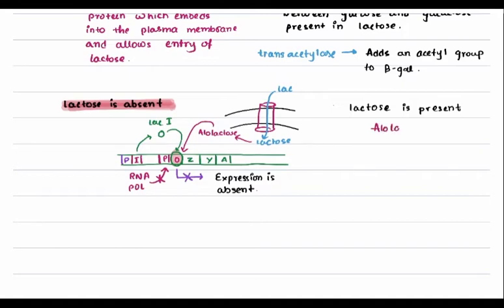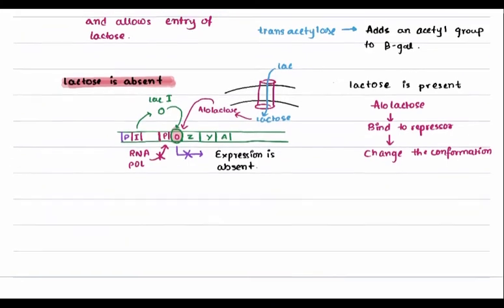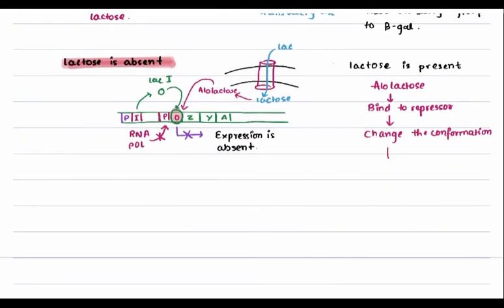Allolactose will bind to repressor, change the conformation of the repressor, and because of this change in conformation, what will happen? The repressor that was previously bound to the operator will fall off.